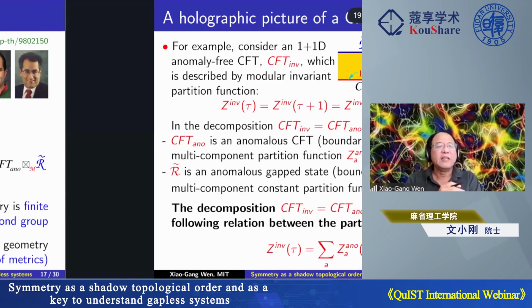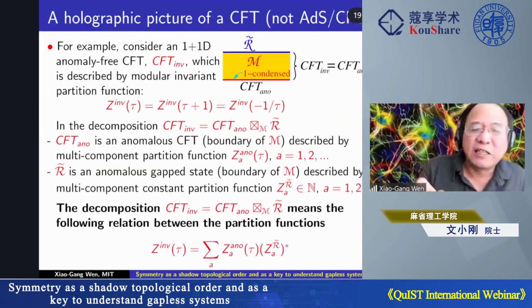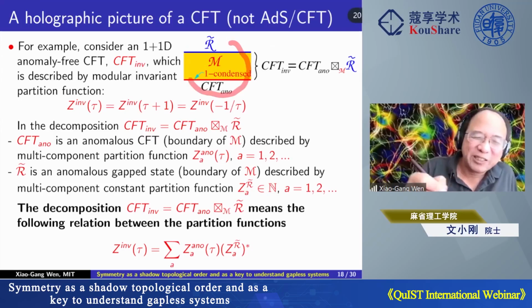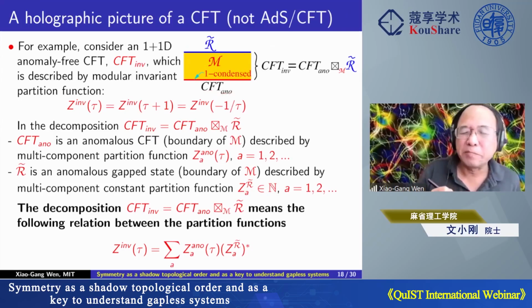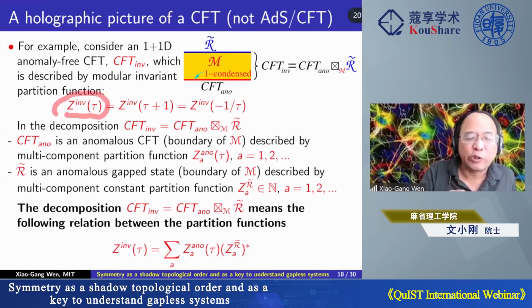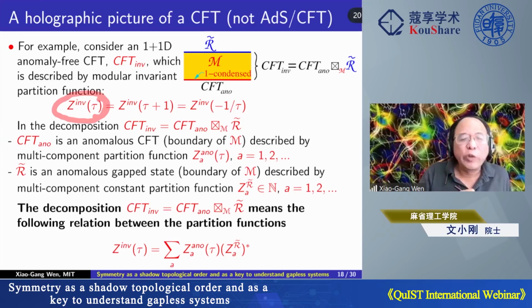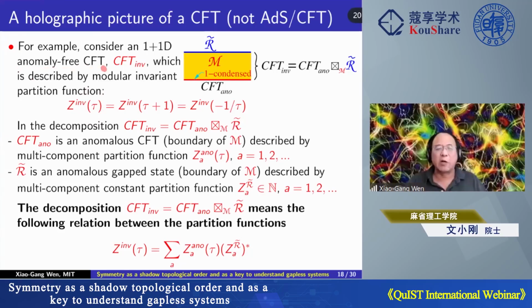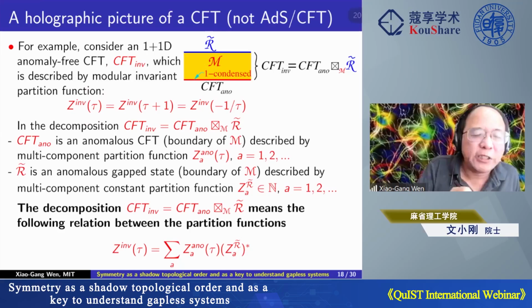Okay, so how do we use this non-AdS picture to study CFT? Here we want to concentrate on the partition function. We know that usually for an anomaly-free CFT, basically if a CFT can be realized by a lattice model, it is called an anomaly-free CFT.